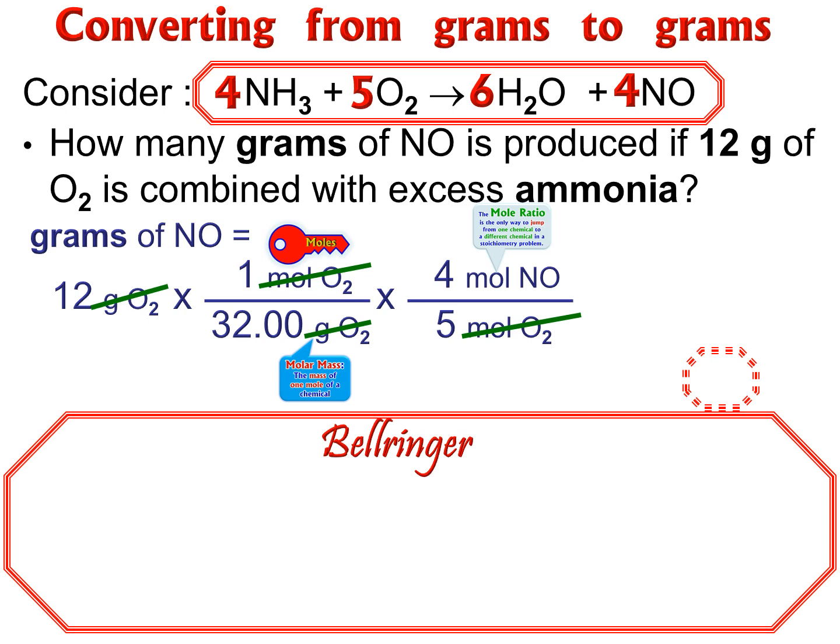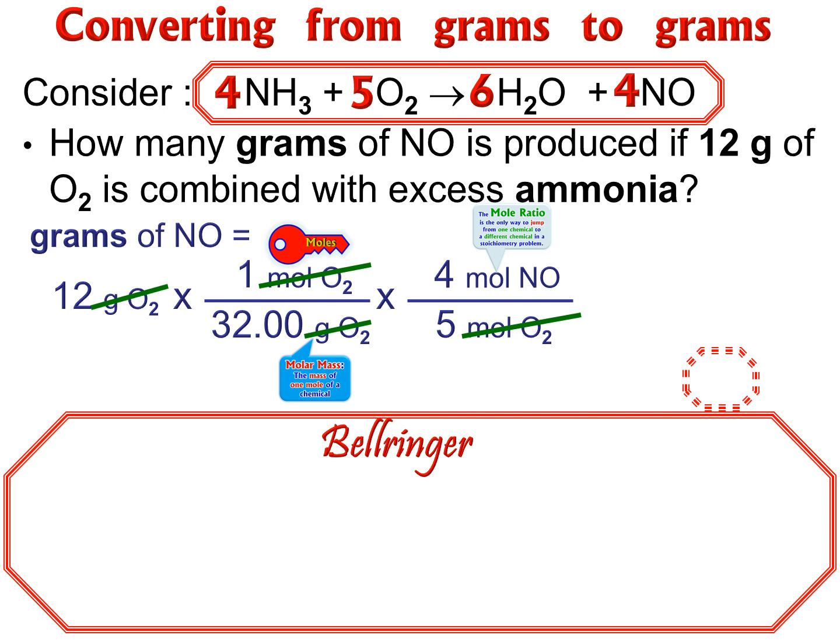Now I've got to get from moles to grams. How do you get from moles to grams? Molar mass. The molar mass of nitric oxide is pretty easy. There's not even any subscripts except for invisible ones. So you've got one nitrogen and one oxygen. So just add the 16.00 from oxygen to the 14.01 from nitrogen, and you get 30.01.